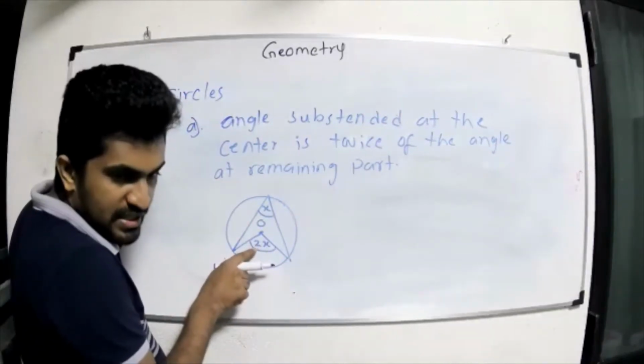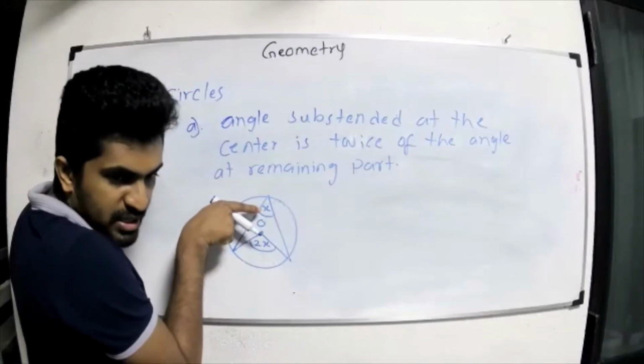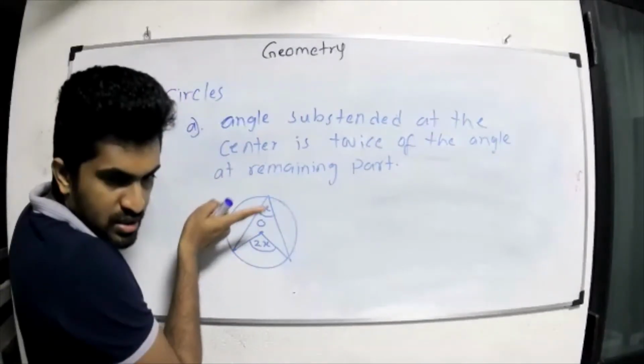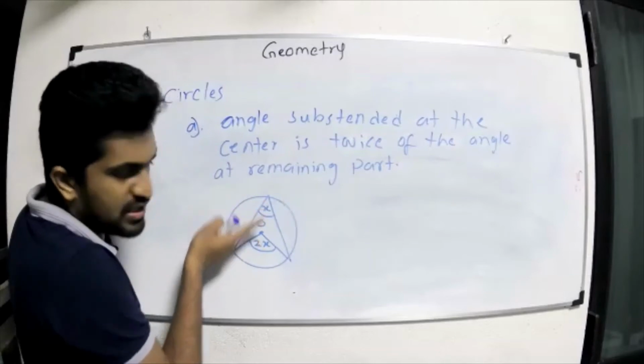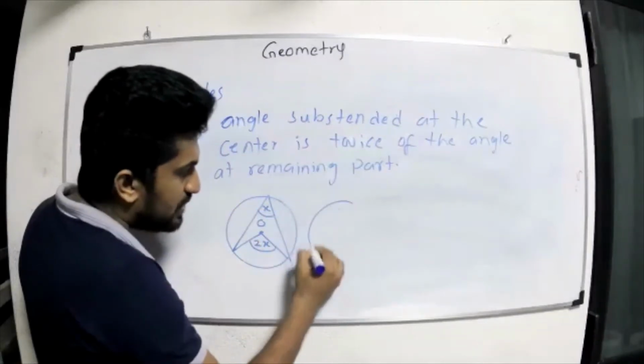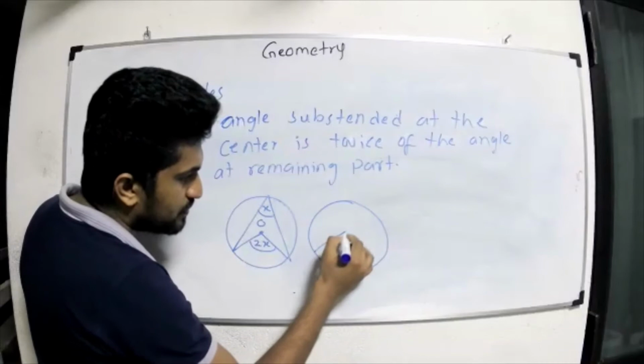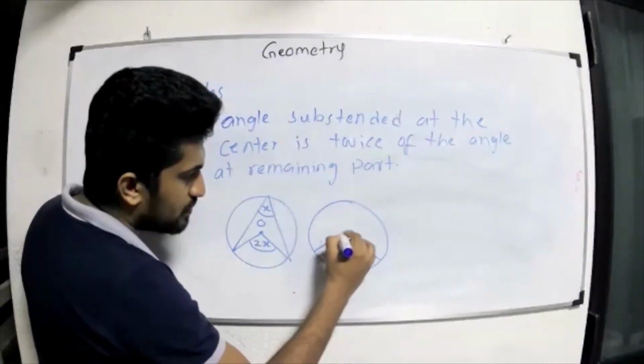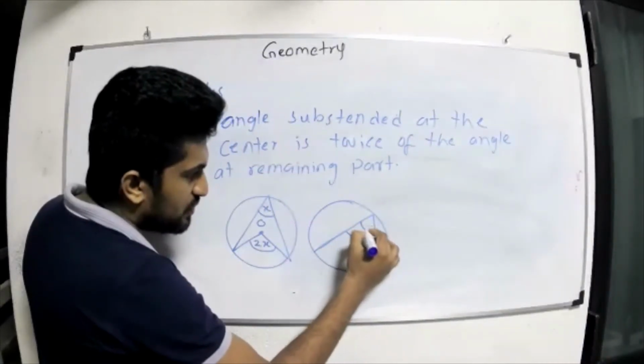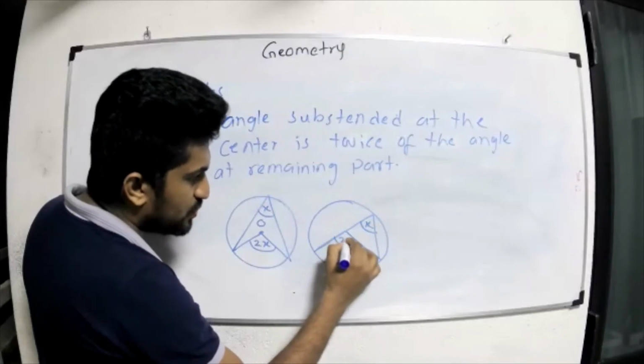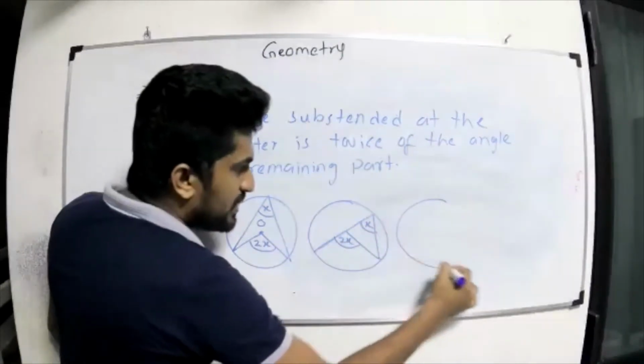The angle subtended at the center is this. The angle subtended at the remaining part is this. Then the angle subtended at the center is twice that at the remaining part. I can draw it like this also. If this is x, then this is also 2x. Or I can draw it like this also.